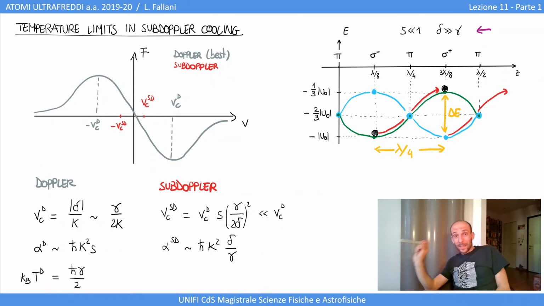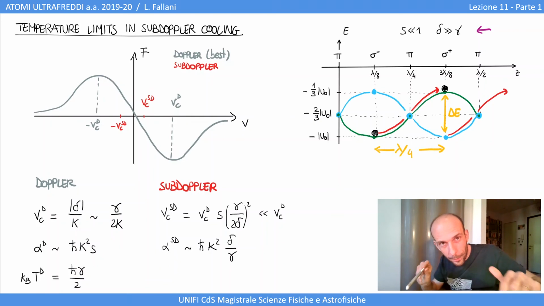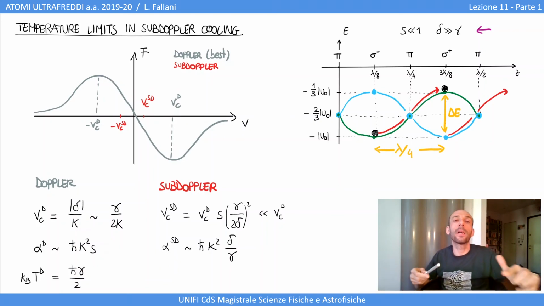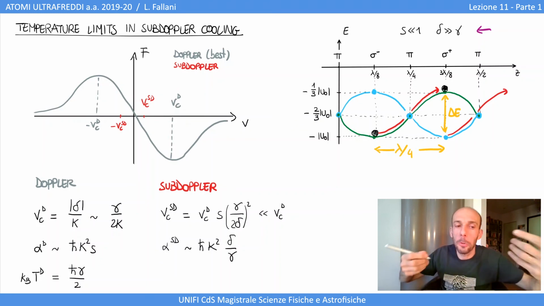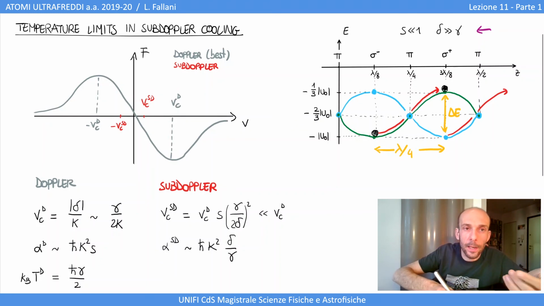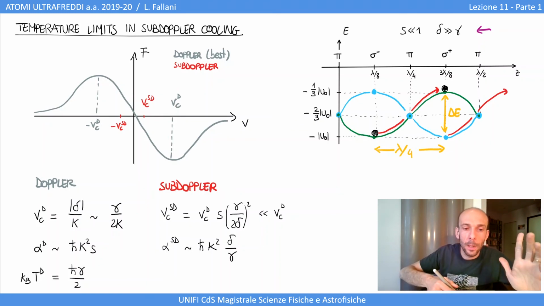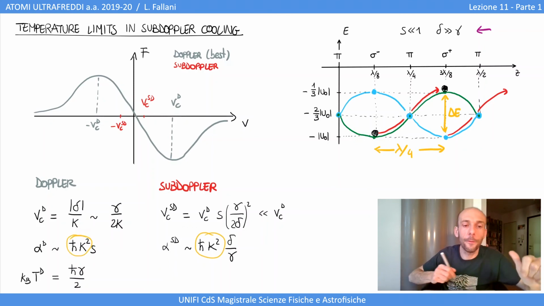Now, this expression is particularly interesting because we see that this subdoppler friction coefficient can be expressed in terms of a Doppler friction coefficient. What you get is, of course, h bar k square, which is already in the expression for the Doppler friction coefficient.